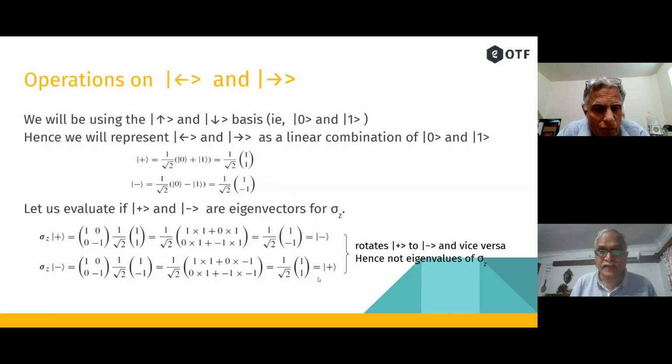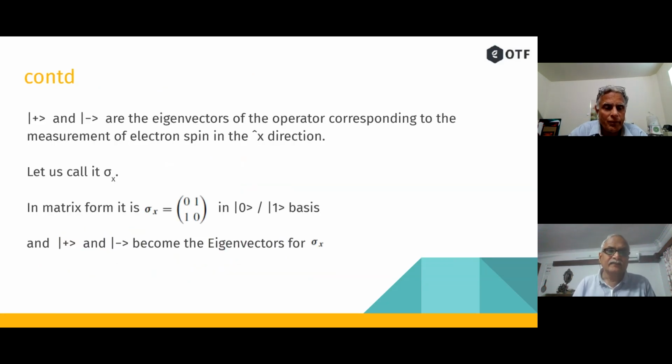This also means that the eigenvectors for sigma z happen to be ket 0 and ket 1. Similarly, the ket left arrow and ket right arrow would be the eigenvectors for sigma x. Extending that, the plus and the minus are the eigenvectors for the operator corresponding to the measurement of electronic spin in the x direction.